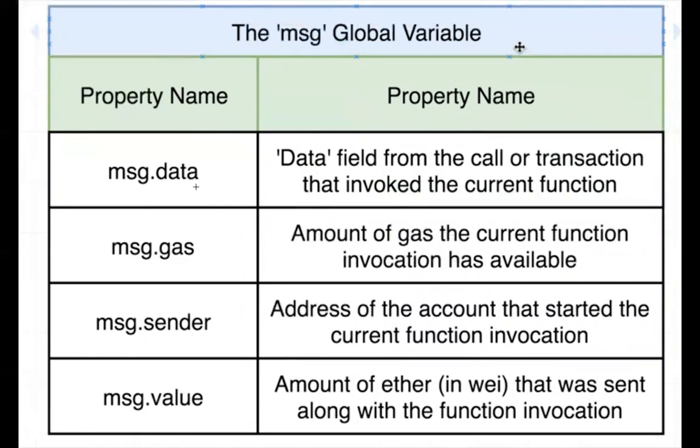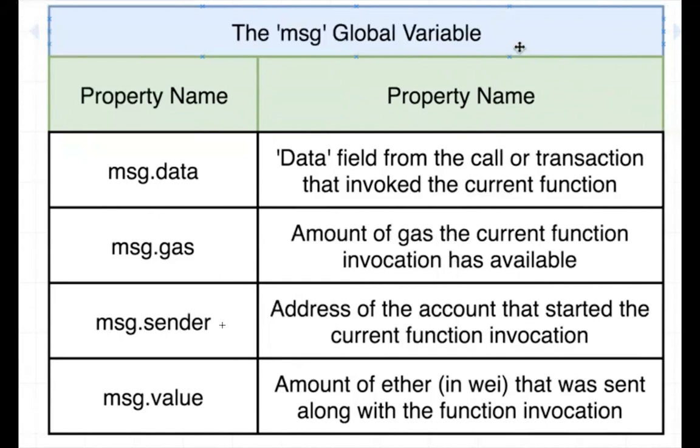It includes the contract source code, and if we're trying to just invoke a function or send a transaction to a function, then this will contain some of the arguments that we're trying to send to that function. It also has a gas property, which is the amount of gas available to us to run some bit of code. We rarely make use of the gas property. We usually assume that with any function invocation, an appropriate amount of gas has been sent along.